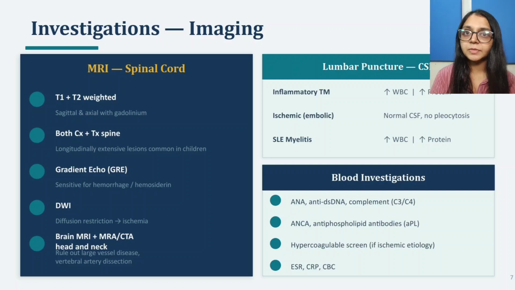SLE myelitis can have elevated WBCs and protein. For the blood work, do a rheumatologic workup: ANA, anti-dsDNA, complement levels, ANCA level. Hypercoagulable state workup if ischemic etiology is suspected. Antiphospholipid antibodies, particularly relevant in SLE.